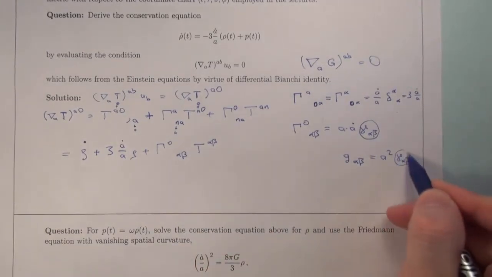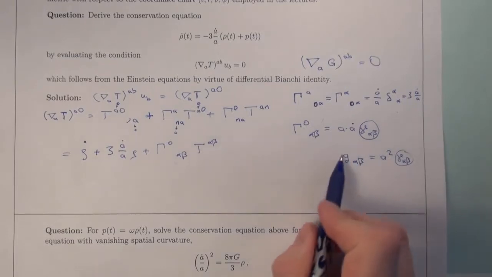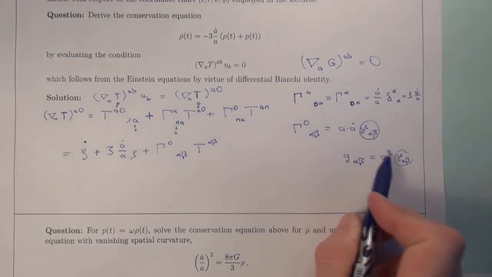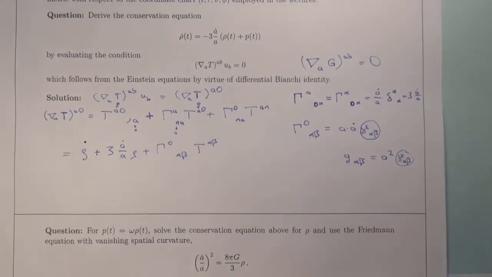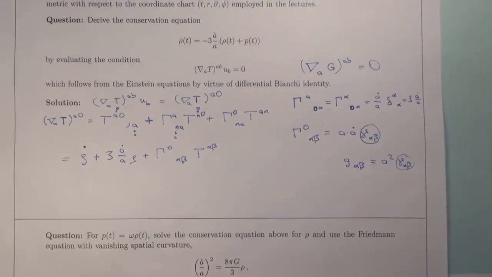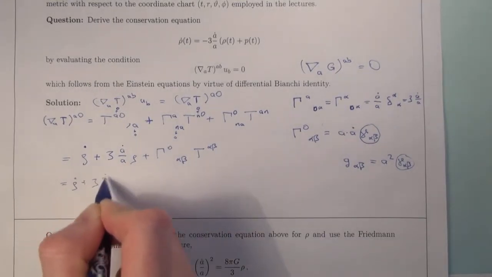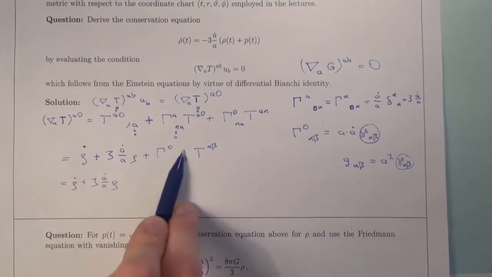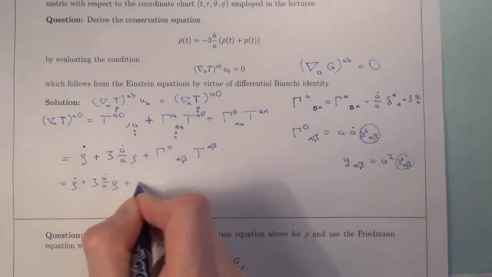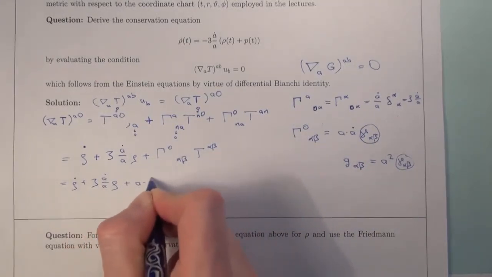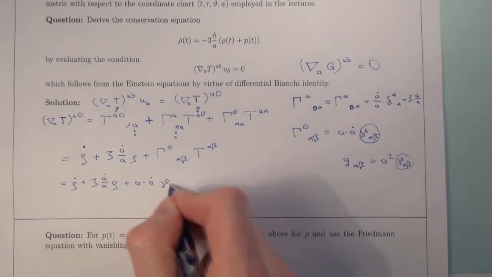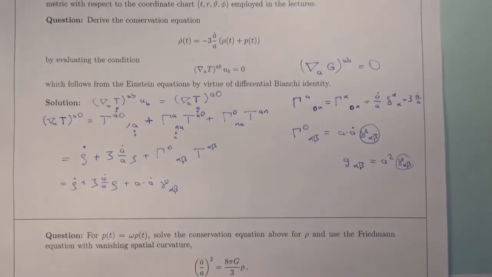So this was just the spatial part, and in the whole metric we want to multiply that by the factor A squared. Good. So we know what this one here is. So this is plus A times A dot, and we have some gamma alpha beta here.